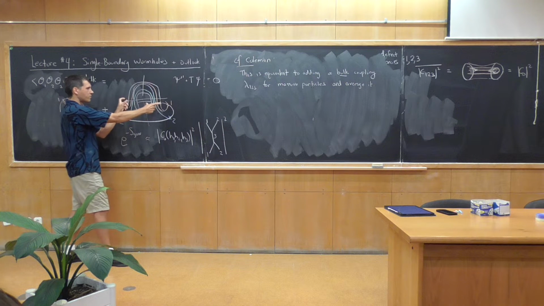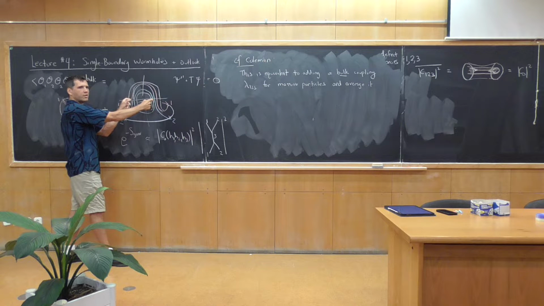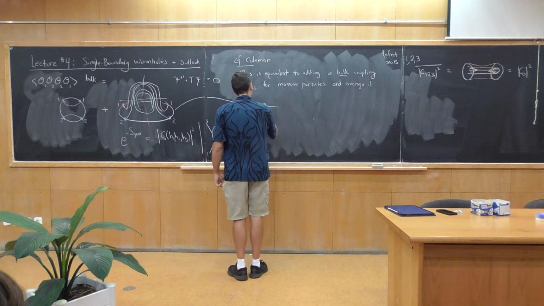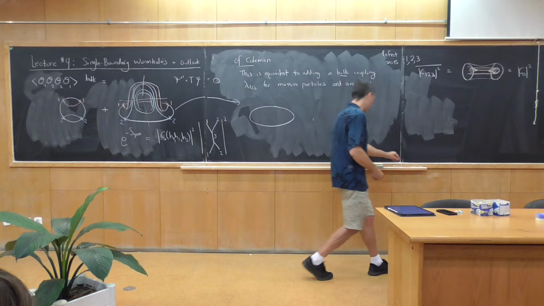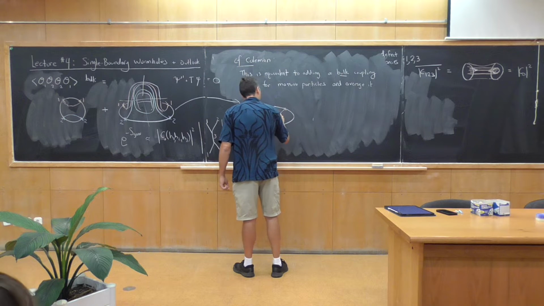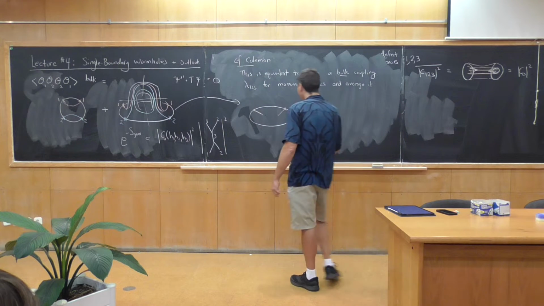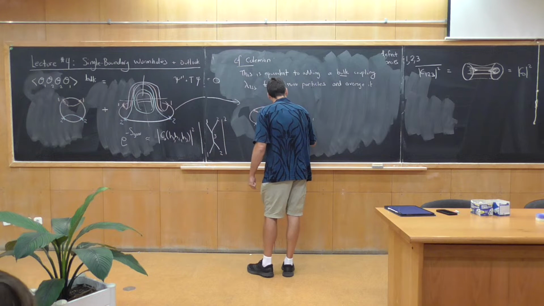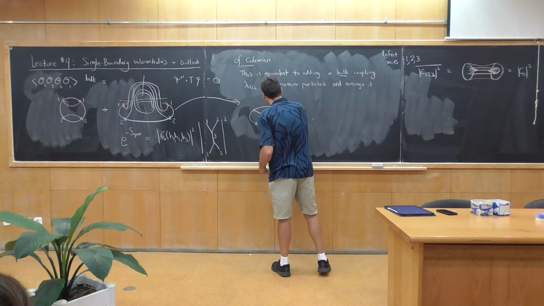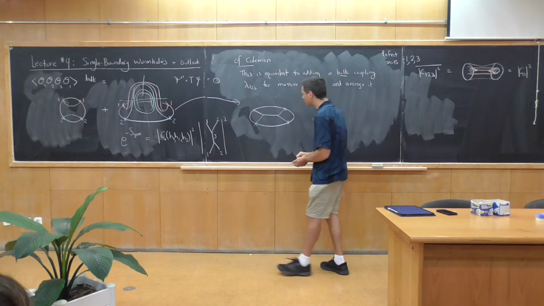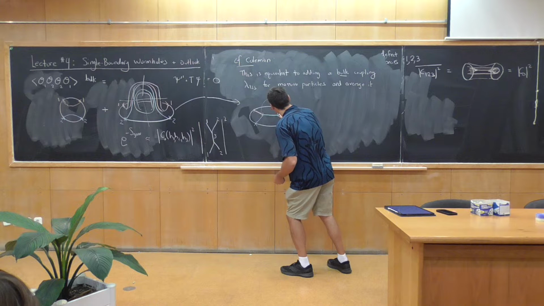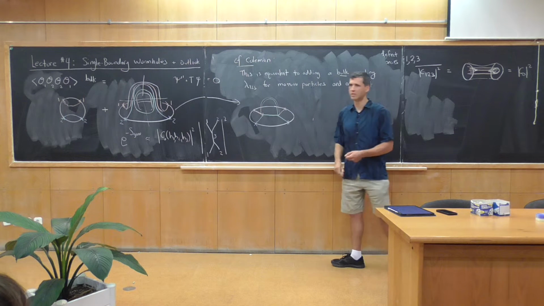If you imagine making the handle skinnier and skinnier until it basically pinches away, then this diagram just looks like a Witten diagram for the exchange of that particle, and then there's a handle that joins the vertices of the Witten diagram.